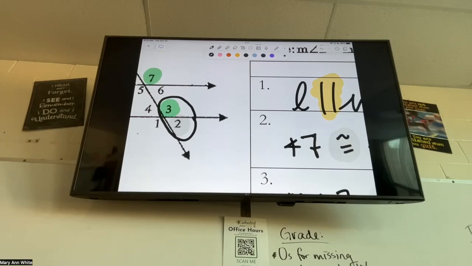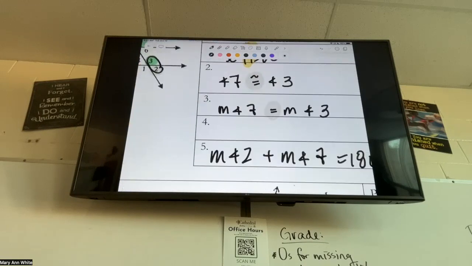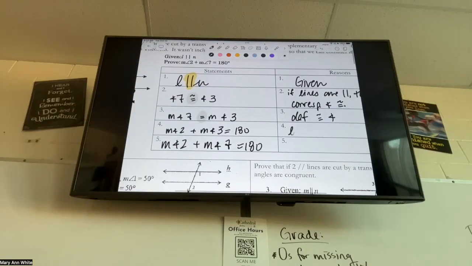When it's like 3 and 6, when there's all that space in between them, those are consecutive. When they're directly next to each other, those are linear pairs. We've got to start recognizing those. Now, linear pairs are what? Supplementary, very good. So we're going to write that statement: measure of angle 2 plus measure of angle 3 equals 180. And the reason we're allowed to say that is because linear pairs are supplementary.